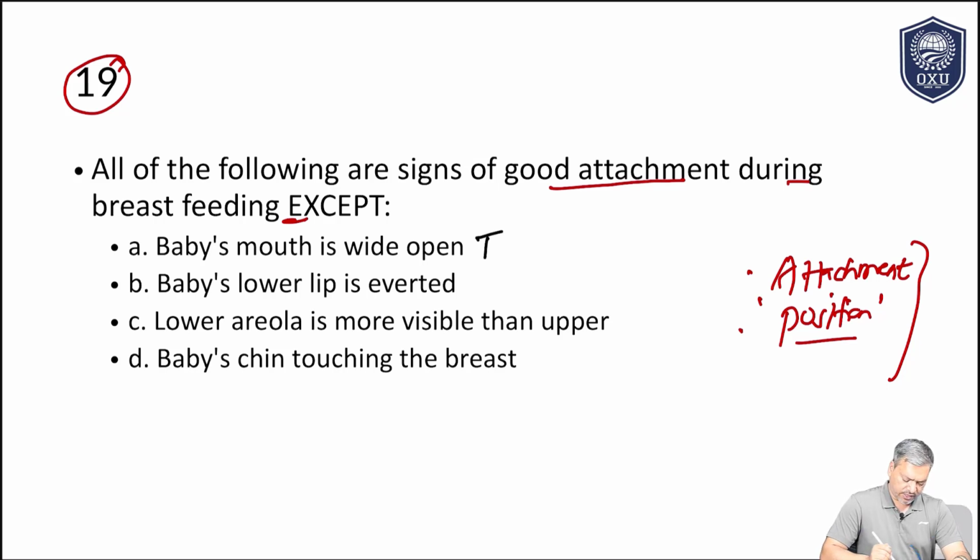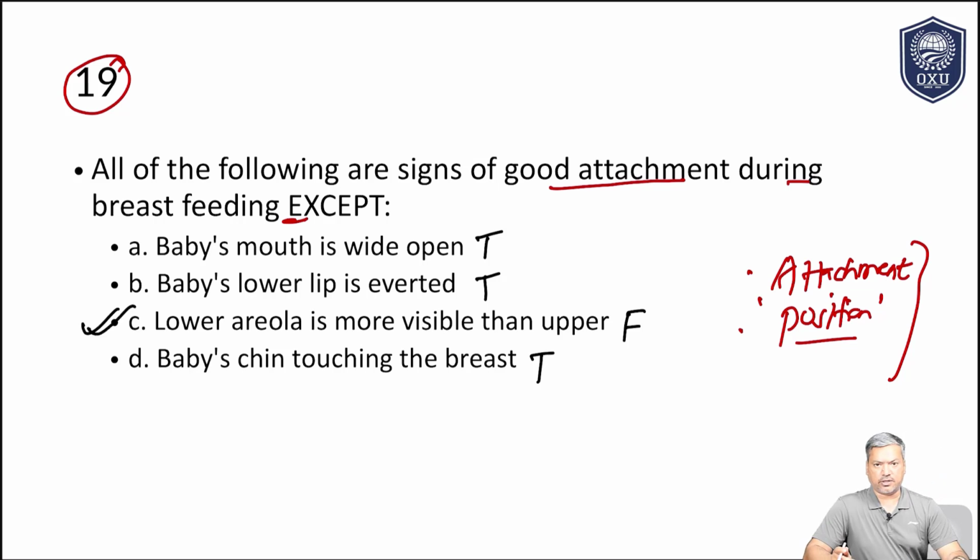Baby's lower lip is everted, this is also true. Lower areola is more visible than upper, this is false. Upper areola should be more visible than the lower. Baby's chin should touch the breast, this is true. So this is an except type of question, and C is the answer here. Please remember that attachment and positioning are very common questions which we love to ask in the exam.